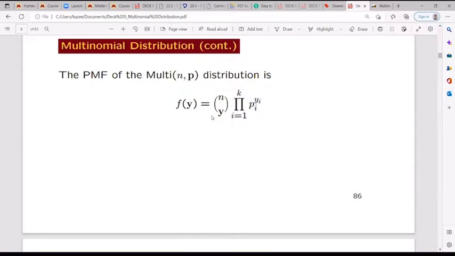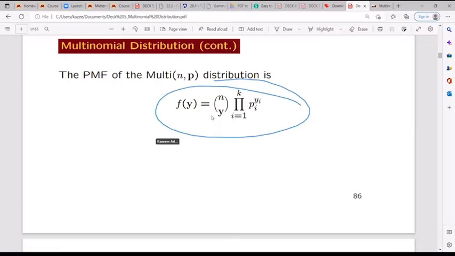Take a look at this now. N combination y, and you've got a product of the probabilities. That's exactly what we have right now. How is this different from the binomial?